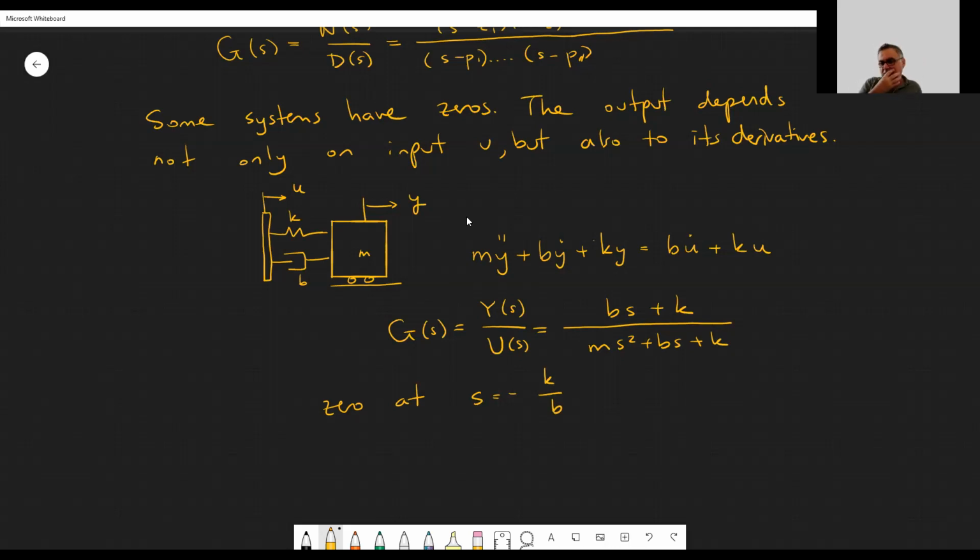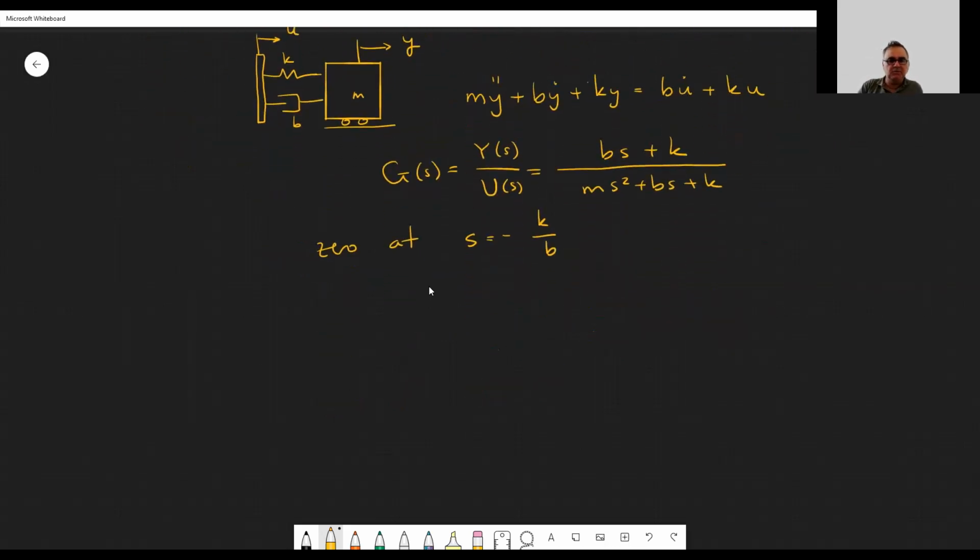Now, the zeros influence the system response, but they don't make the system stable or unstable. You can have all sorts of systems with zeros, and actually they can affect the response quite drastically.